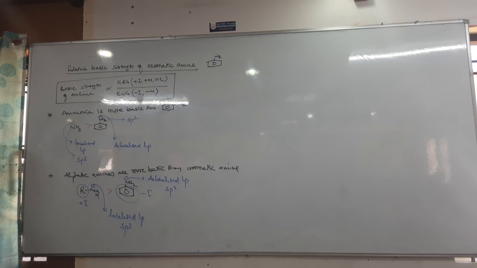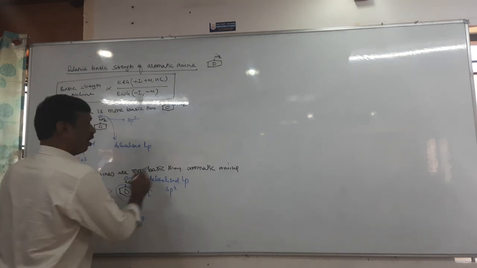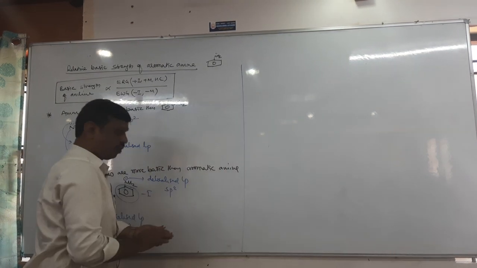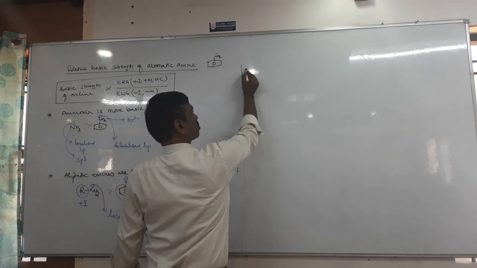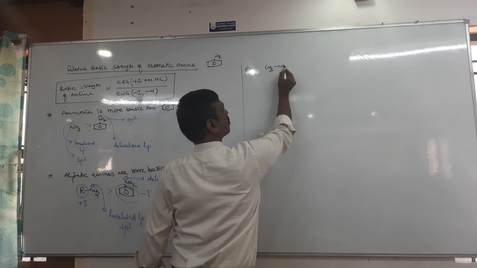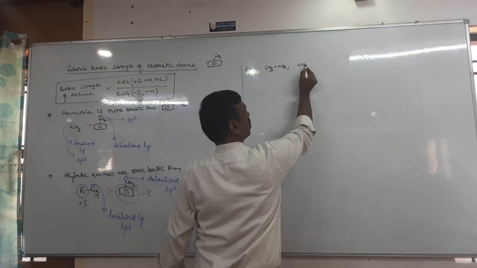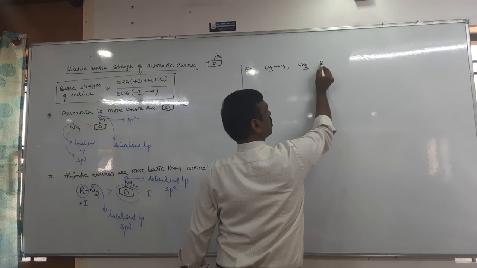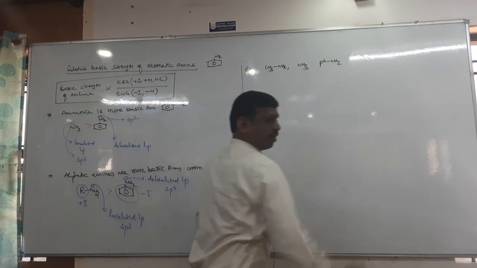To compare the basic strength, first you have to compare the lone pair, whether delocalized or localized, and you need to compare the hybridization also, whether sp2, sp or sp3. Therefore aliphatic amines are more basic compared to aromatic amines. Next, one more example. Let us take methyl amine, ammonia, aniline.